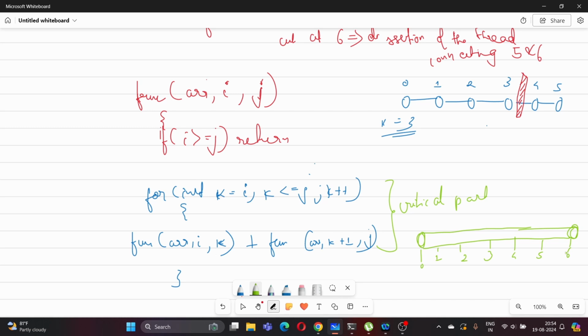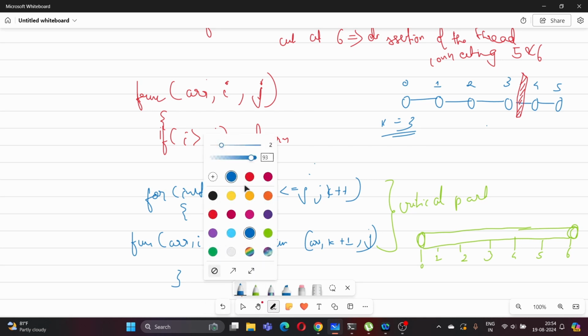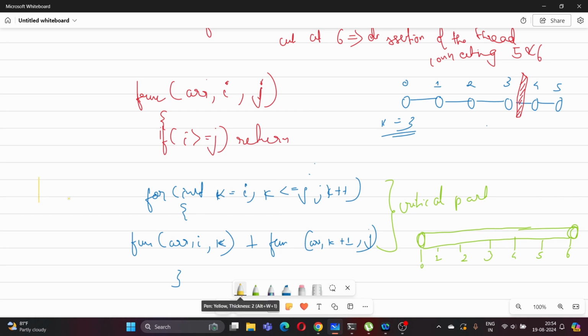This is where it gets interesting. So here you cannot cut it in between 2 and 3. See, the interpretation of a cut is very important.